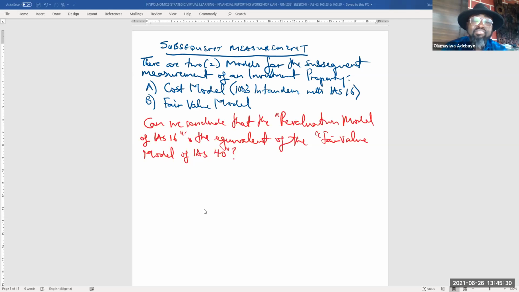Whereas the fair value model of IAS 40 requires the recognition of fair value gain in profit or loss, which is in consonance with what my brother said earlier.